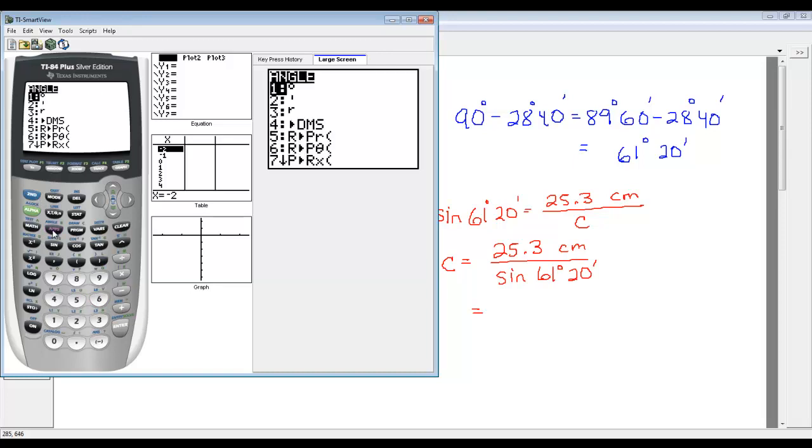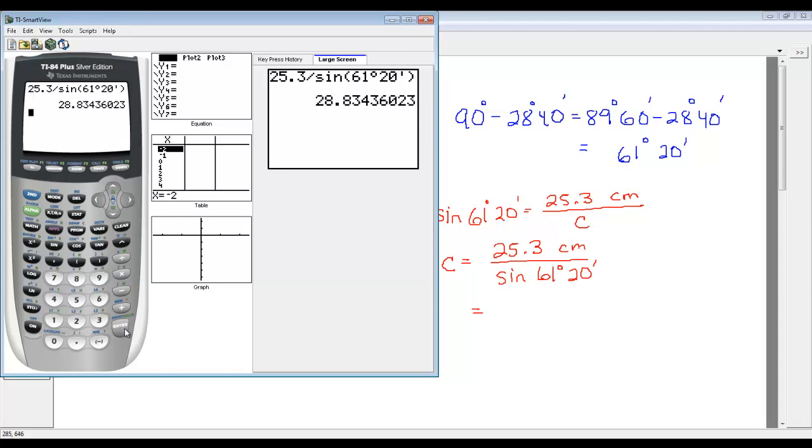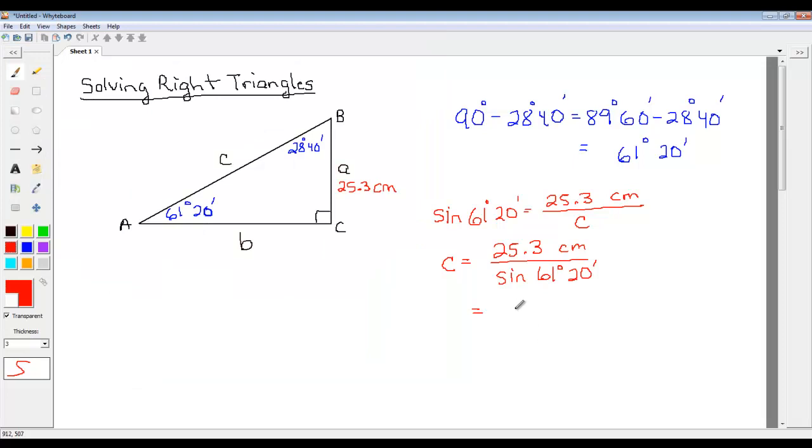I go to my angle menu and choose degrees, then 20, then go to my angle menu and choose minutes, close that, hit enter, and see what I get. I get this crazy decimal, 28.8343, etc. I had 25.3 centimeters, so 3 significant digits there. So I'll round this to the tenth place and have 3 significant digits as well: 28.8 centimeters.